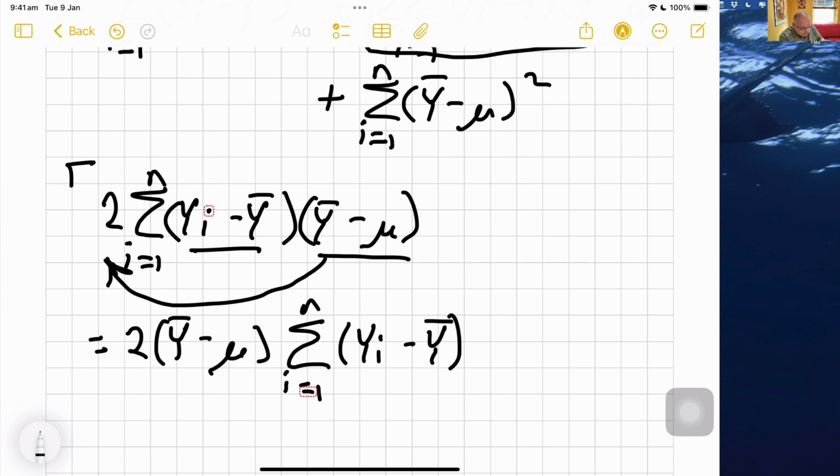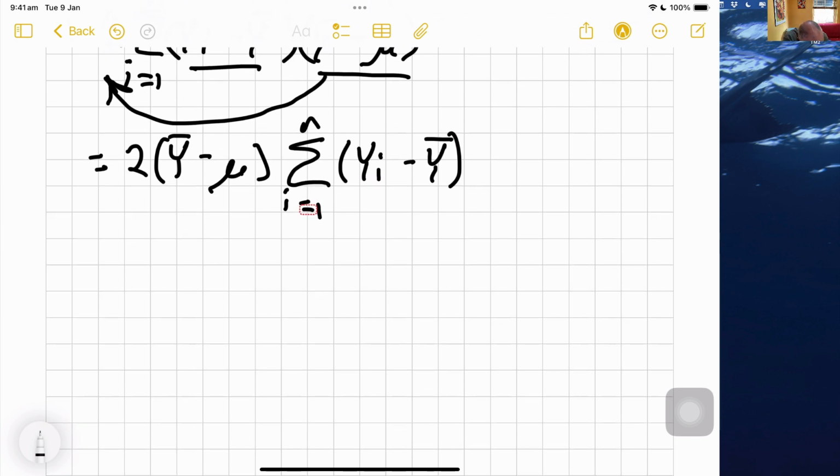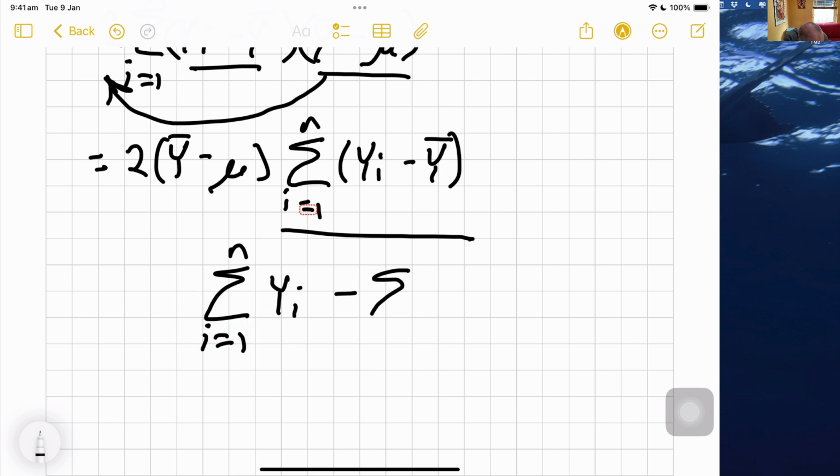Now, this summation is always 0, but let me show you why. If we just take this bit here, this is the same as the summation from i equals 1 to n of yi, minus the summation from i equals 1 to n of y bar. Well, if I added up all my observations and divided by n, I get the sample mean.